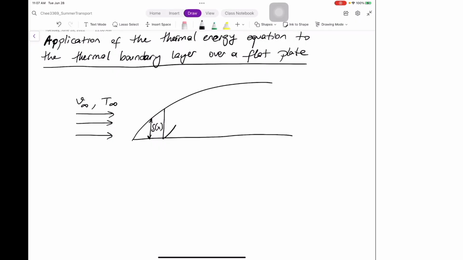We said that you can draw the velocity profiles using arrows, where the size of the arrow corresponds to the velocity, and you can do it at different positions.